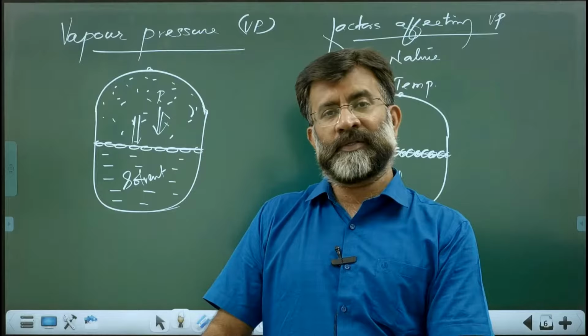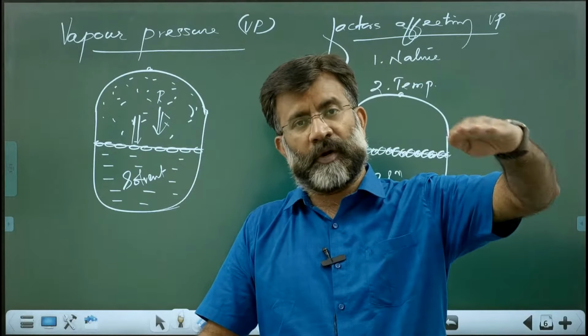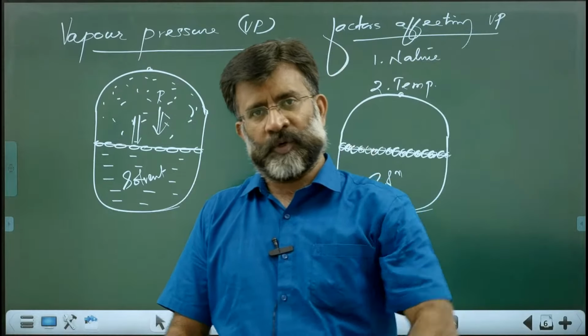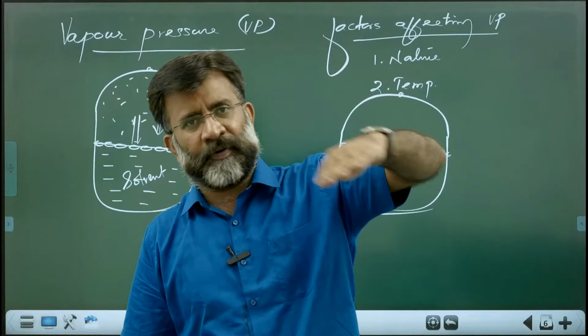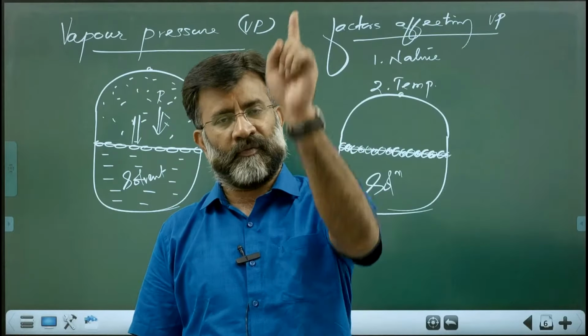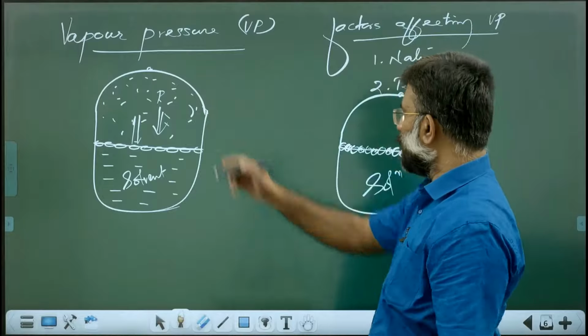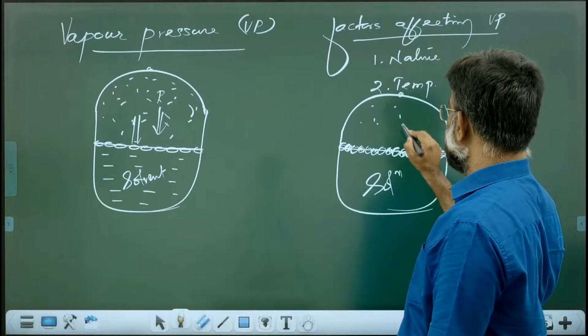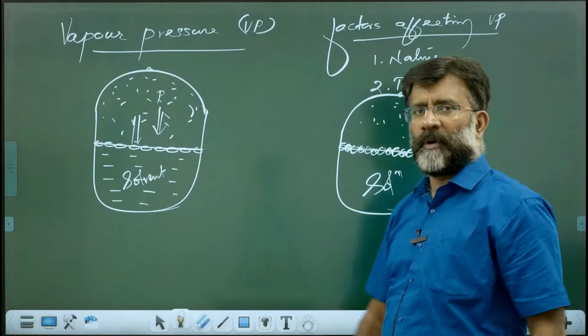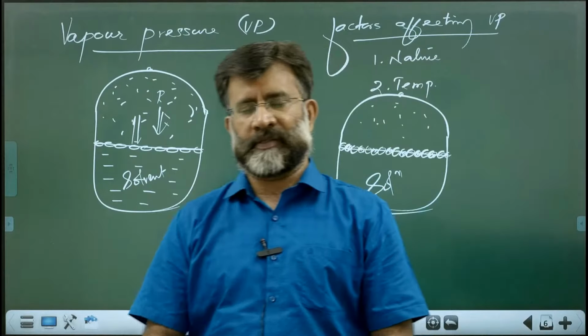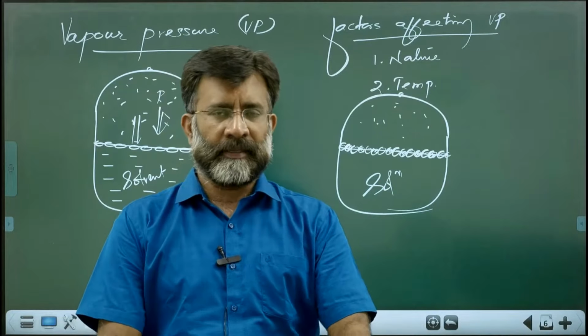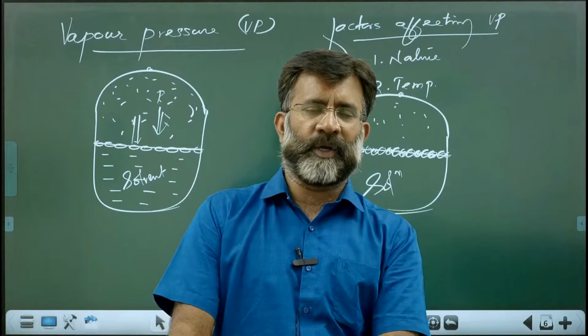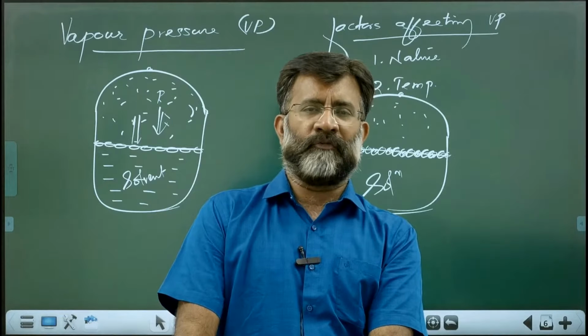So, what happens? The surface area of solvent molecules decreases. So, solvent molecules on the surface decrease. Evaporation will decrease. Here, the evaporation is like this, and here, the evaporation can be like this. The amount of vapor particles will decrease. Vapor pressure will decrease. This is what we are learning as a colligative property, lowering of vapor pressure.